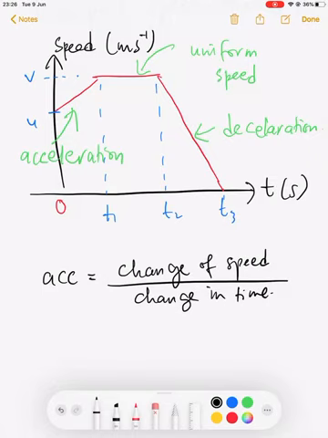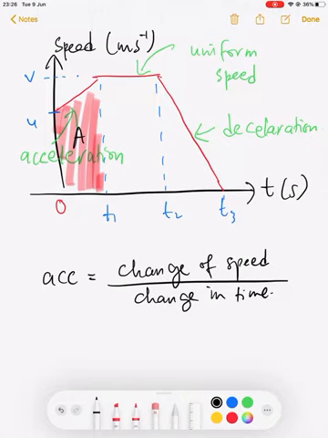The area under the graph here. Okay, let's use it in here. That region, the area of trapezium A, is the area under the graph that represents the distance travelled in the period of t1 seconds.